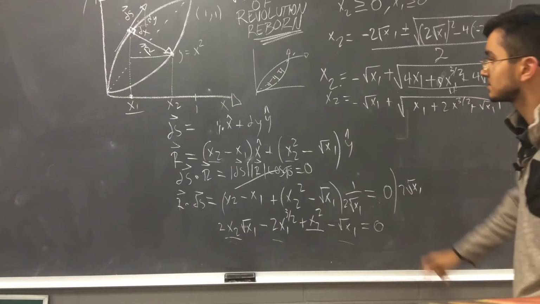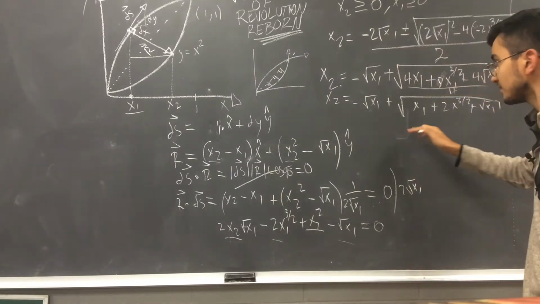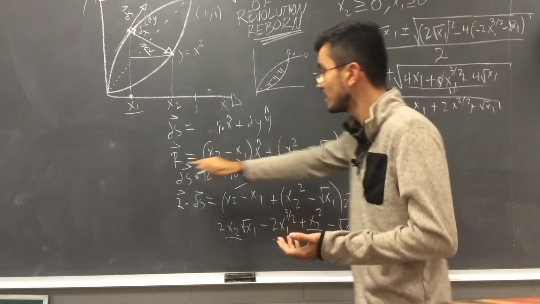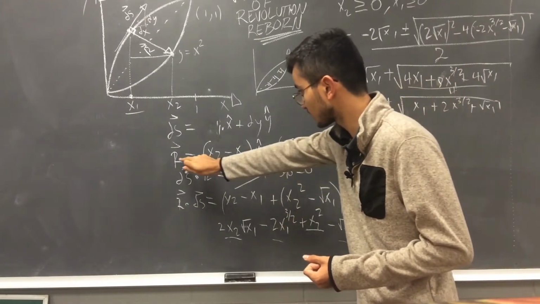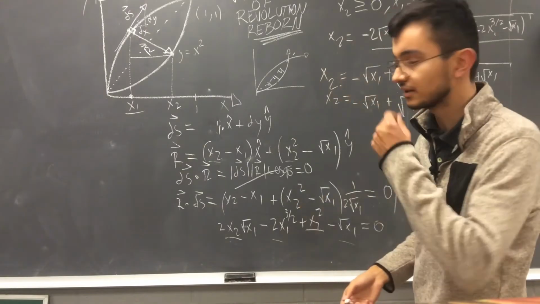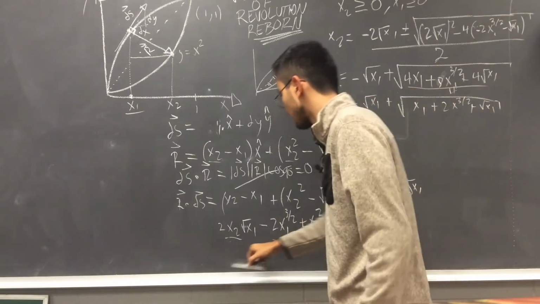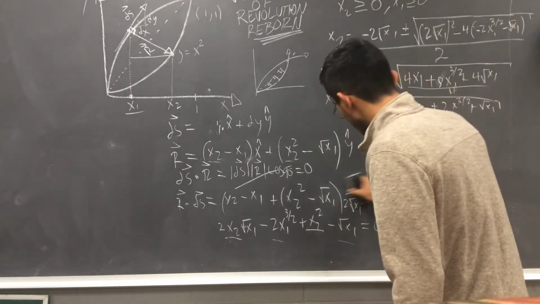And so this is basically the value of x2. And finally, we can substitute x2 into our vector valued function of the radius, that we're going to integrate in our integral later on. So let's go ahead and do that.